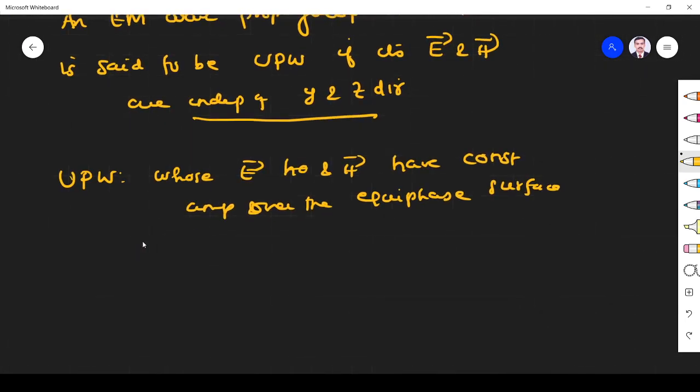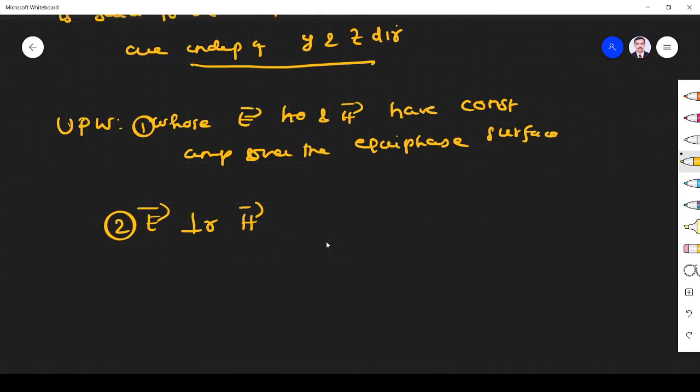Then another thing is that E and H are always perpendicular to each other in a uniform plane wave. That is the second point we have to remember. And they are perpendicular to the direction of propagation. All are perpendicular. We know that our wave is propagating in x direction.